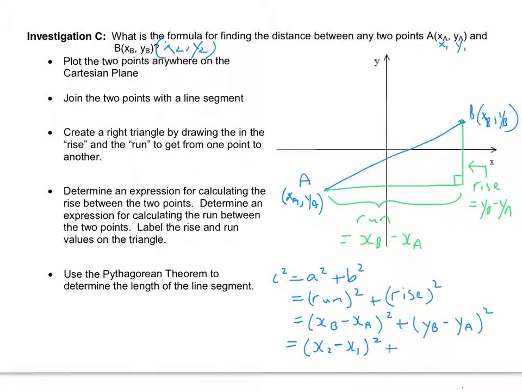In fact, I think our textbook uses the x2's and x1's and the y2's and the y1's, so y2 minus y1. I don't care which one you use, just use one. So this is my generic formula for c squared. If I actually want the value of c, I square root both of those sides. You will see this crazy looking formula, but if you just remember it's rise squared plus run squared, or vice versa, run squared plus rise squared, it's really easy to remember.